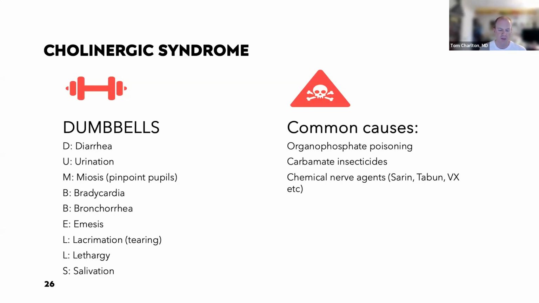All of these work by basically interfering with acetylcholinesterase, which is the enzyme that breaks down the acetylcholine that's being released by your nerves. And so all this acetylcholine stays on those nerves instead of being broken down and recycled like it's supposed to.